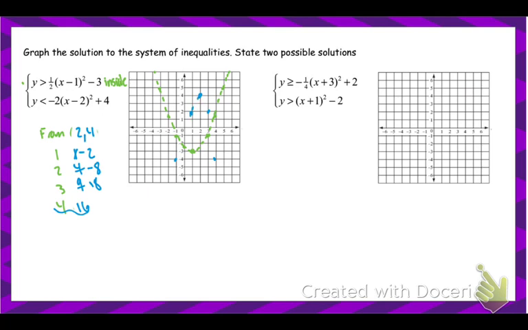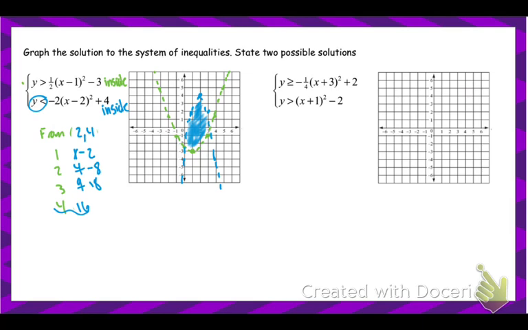This one is also a dotted line. Whoops, too far over on that one. There we go. Y is less than, I'm shading below the vertex. The below the vertex is also inside that parabola. So the overlap of the shading here is going to be what is inside both parabolas, which is this region right here.